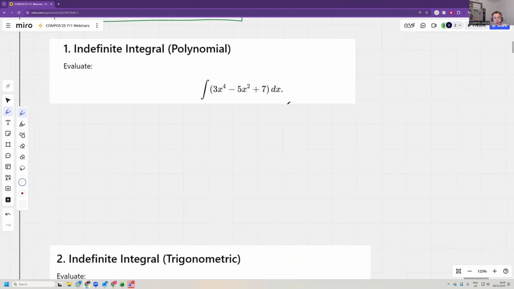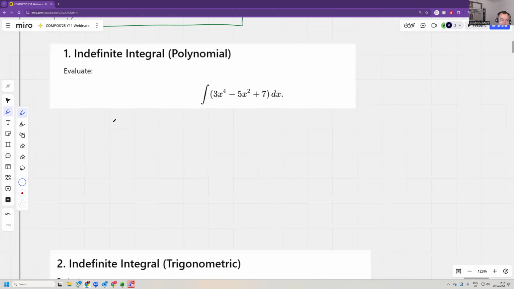So let's use this property here. Using linearity, we can write it as the integral of 3x to the power 4 dx minus the integral of 5x squared dx plus the integral of 7 dx.